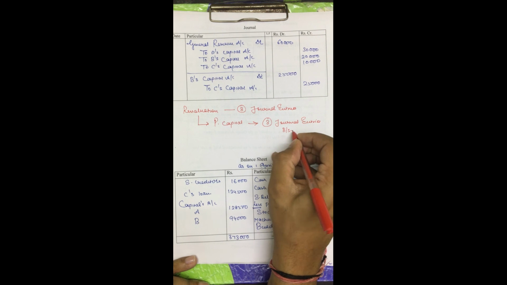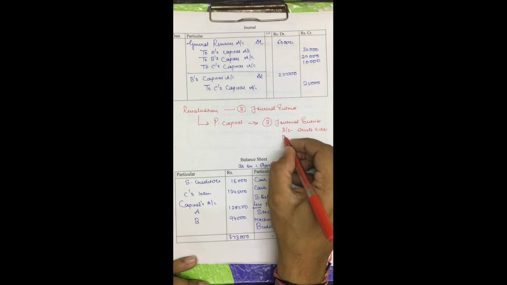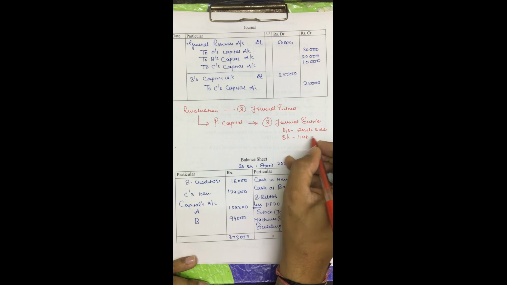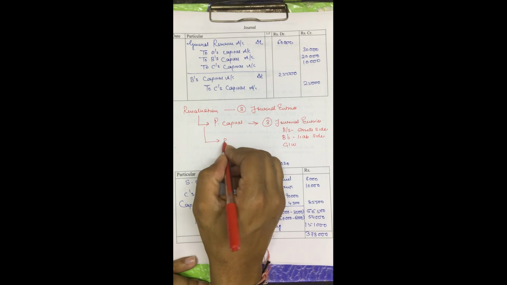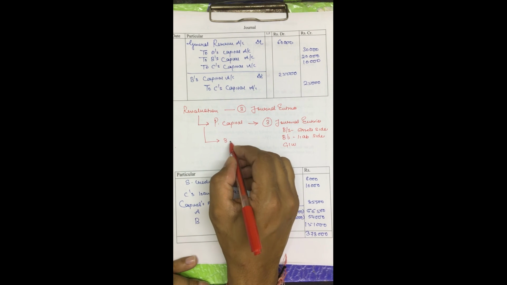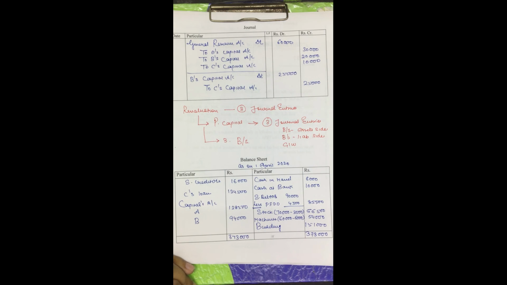Those journal entries are balance sheet asset side losses, balance sheet liability side profits and goodwill. And then the third step, that is balance sheet, the new balance sheet. So this is the process of how to solve the question, guys.